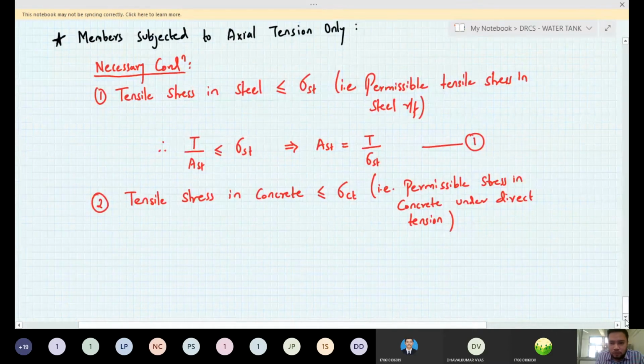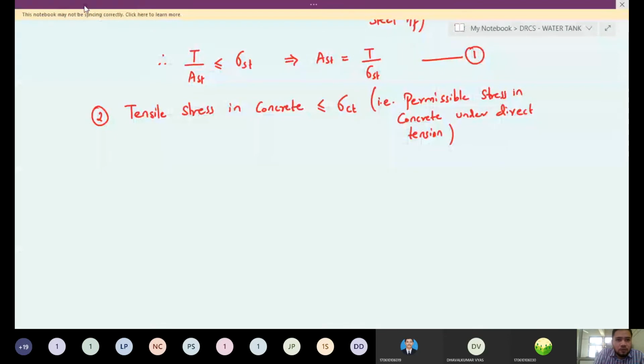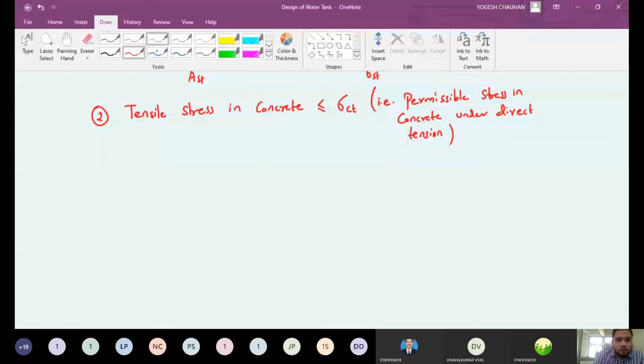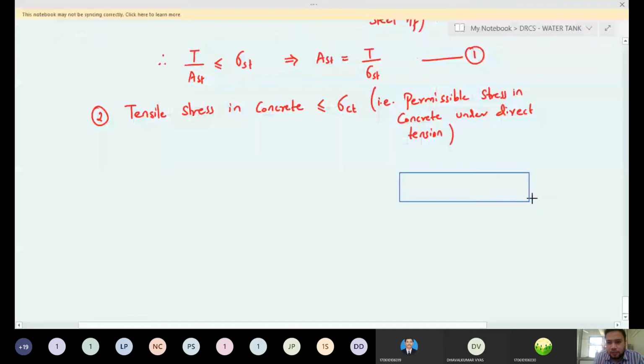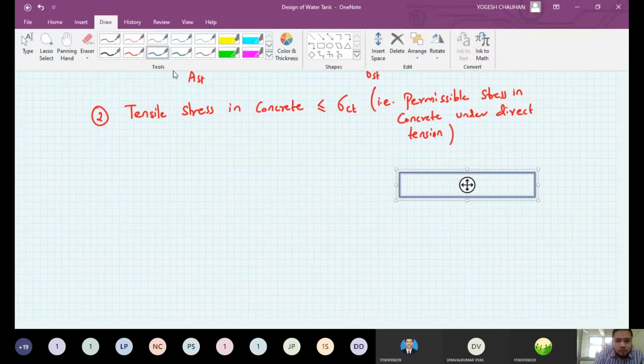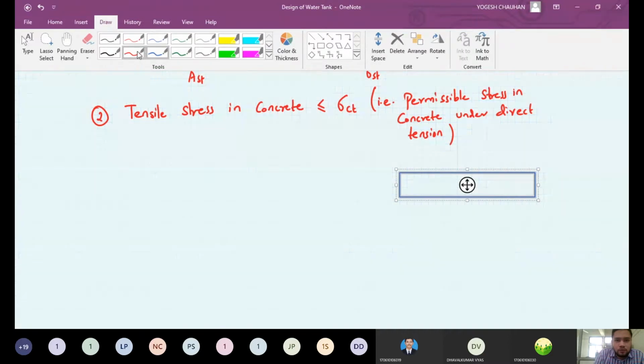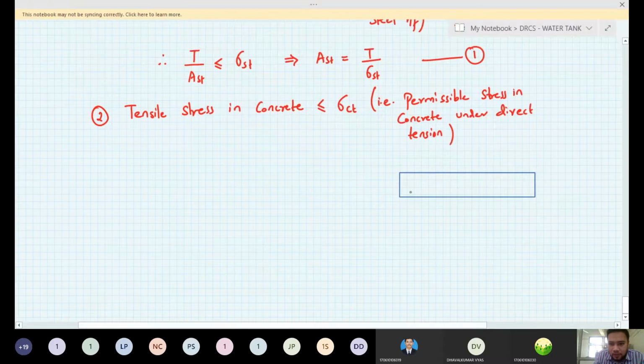Okay, so let us say this is my cross section, and let us say these are the bars.